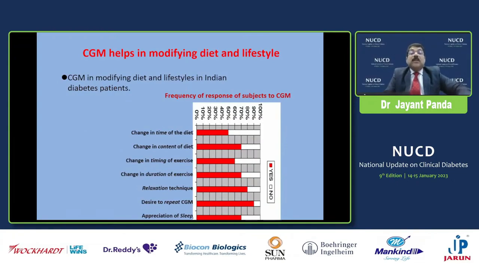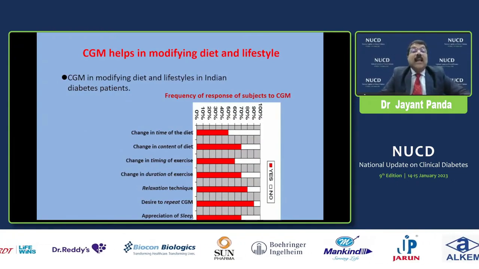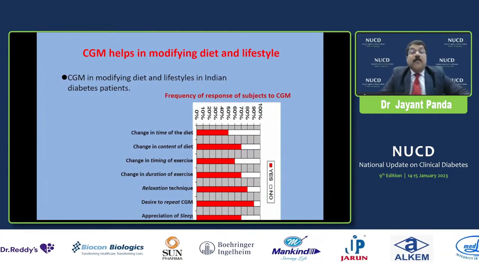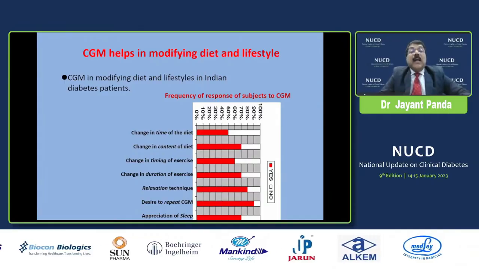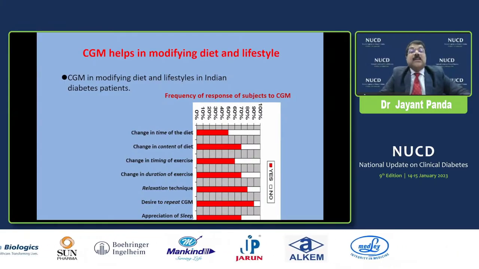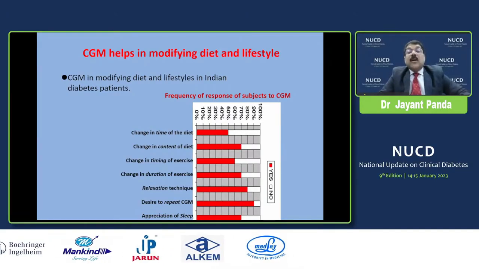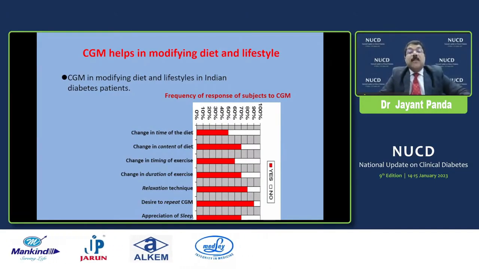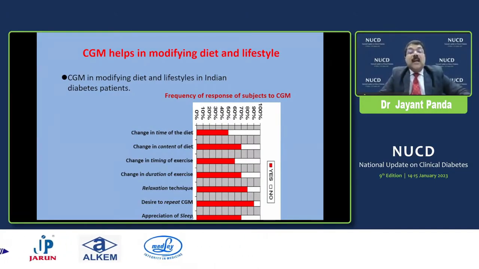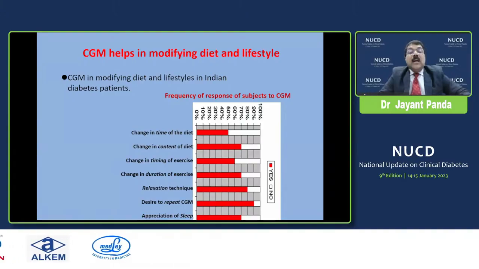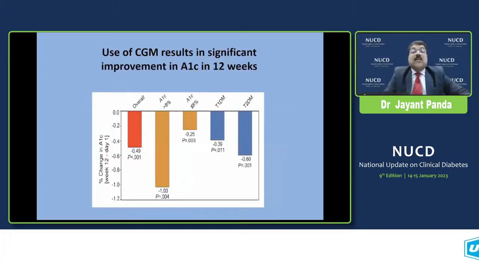So the CGM helps in modifying diet and lifestyle, and you can have a rough impression of this in Indian diabetic patients: the different percentage and frequency of response of subjects to the CGM, the change in the time of the diet, exercise, relaxation technique, and sleep, in the chart based on the CGM data.